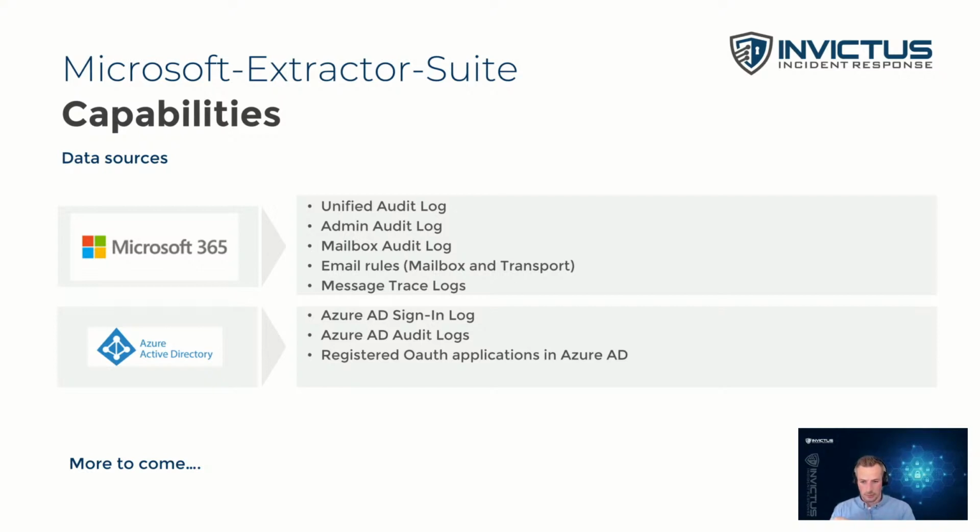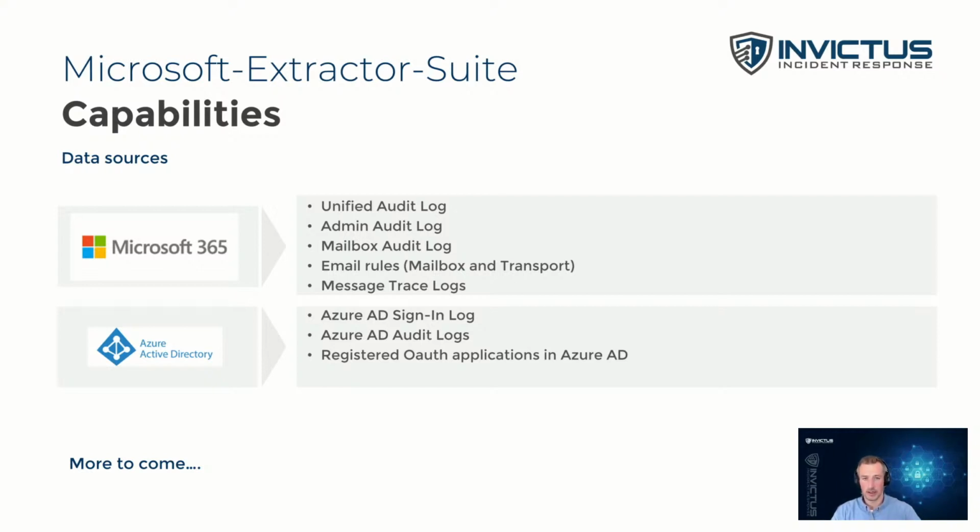Going back, now that we know at least the split, what can this tool do for you? It can acquire the unified audit log. If you've ever done anything in Microsoft 365, you will know that this audit log is basically the most important thing for your analysis or for your investigation. And this tool will reliably grab all the data that you want. There's also something called the admin audit log and the mailbox audit log.